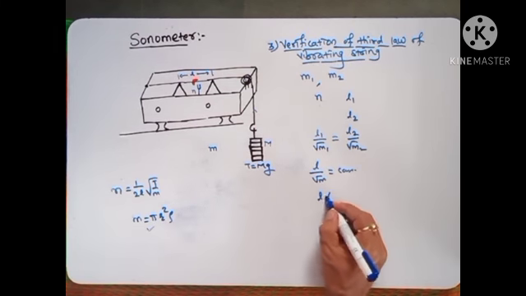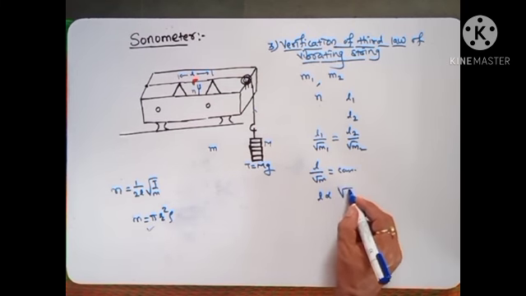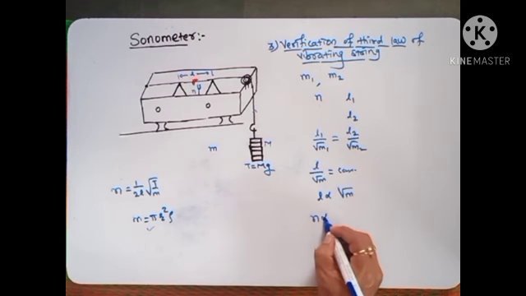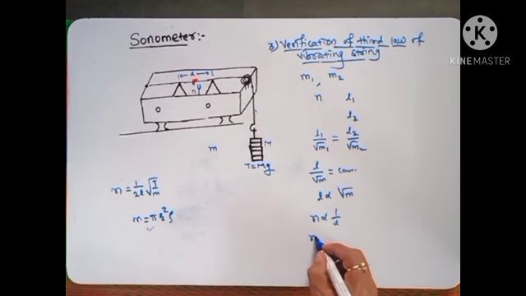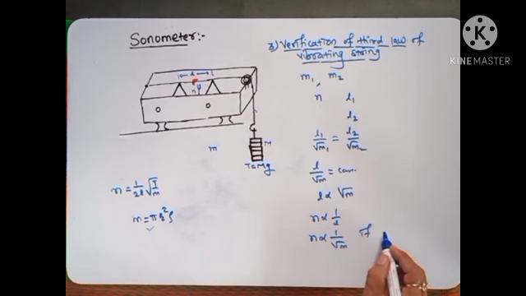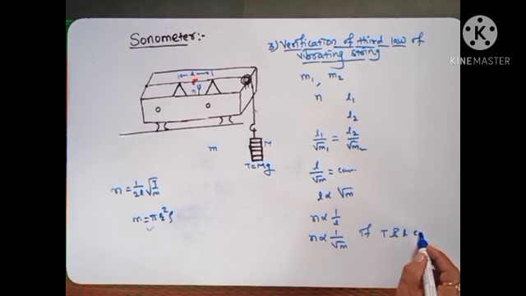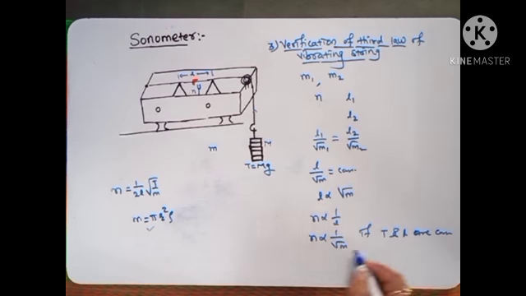And you know N proportional to 1 upon L from the first law, therefore N proportional to 1 upon root m if T and L are constant. Okay, in this way indirectly this third law can be verified. I hope you all understand this. Thank you.